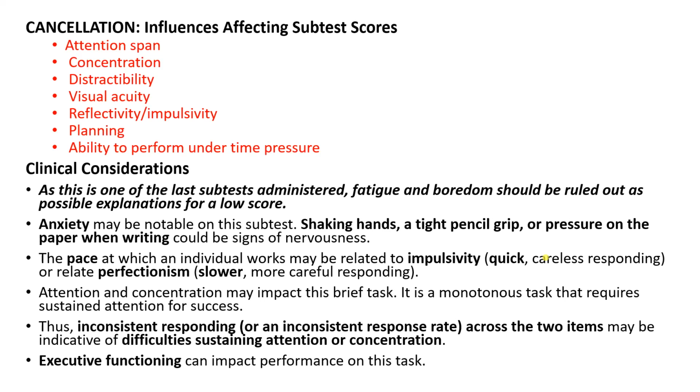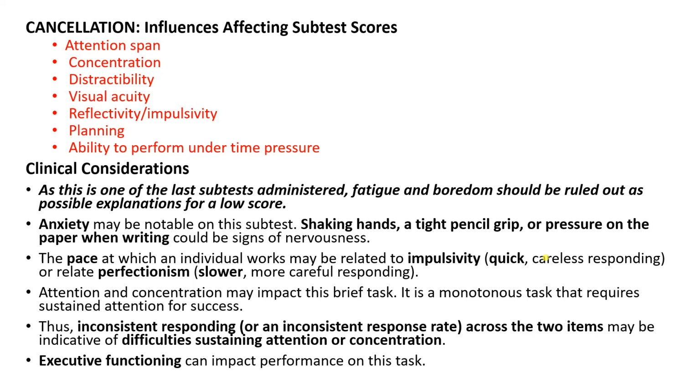Thus, inconsistent responding or an inconsistent response rate across the two items, as I said, there are two items, may be indicative of difficulties in sustaining attention or difficulty in concentration.